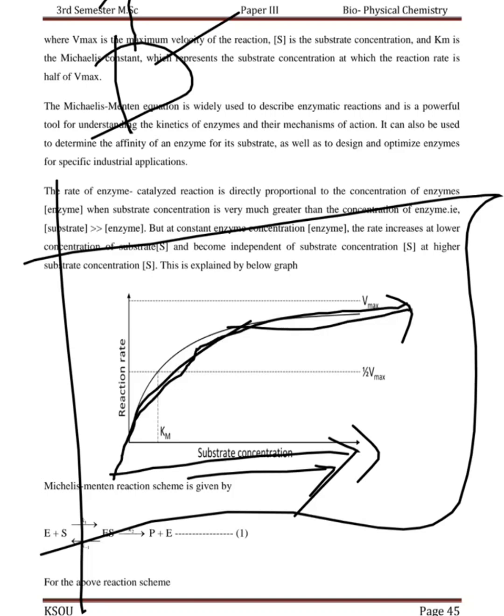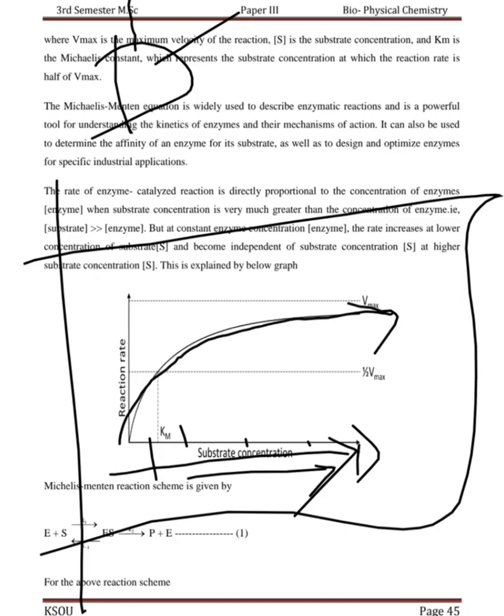Here the rate of reaction is taken on the y-axis. As the substrate concentration increases, 1, 2, 3, 4 ml, the rate of reaction also increases up to a certain point. Later on it becomes stable.